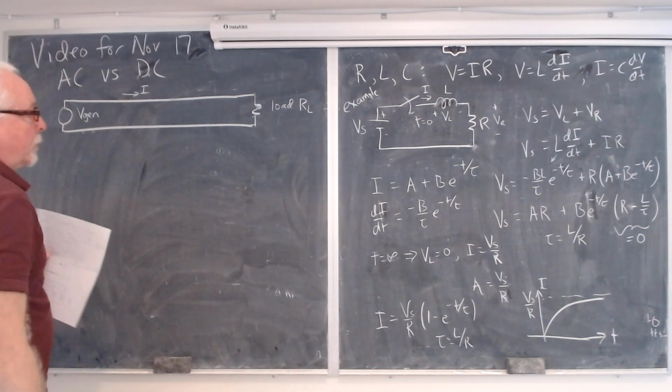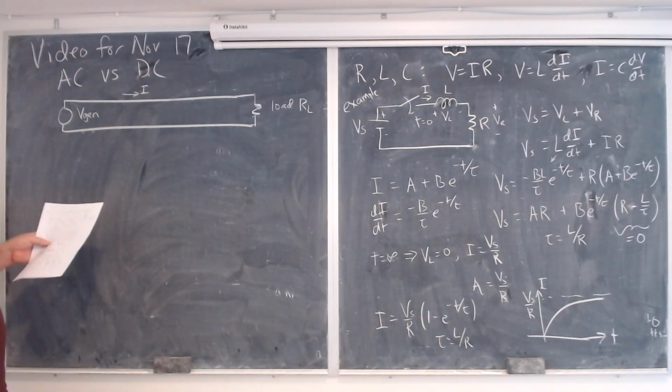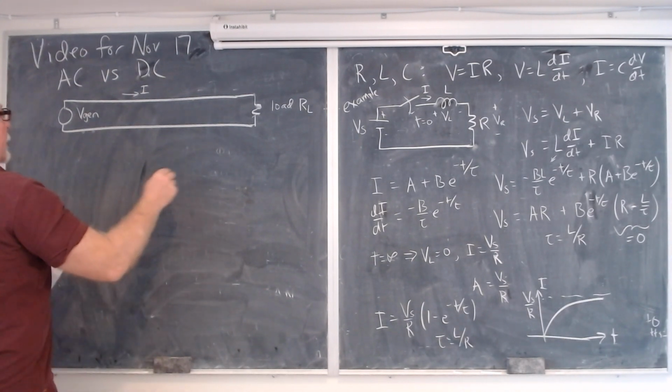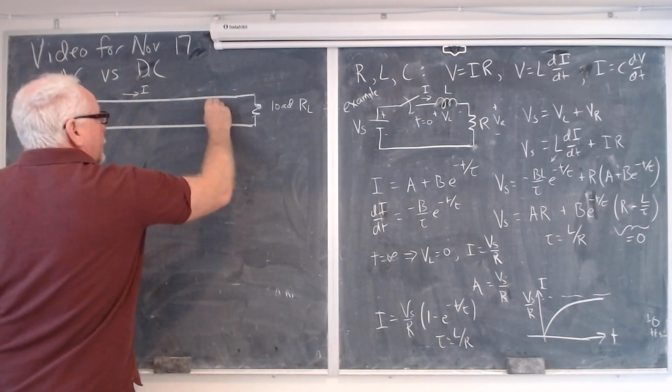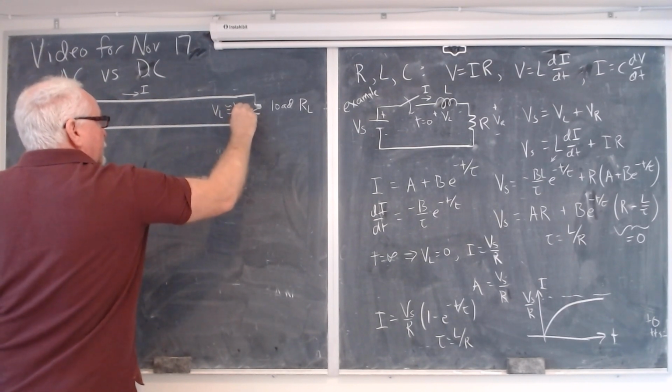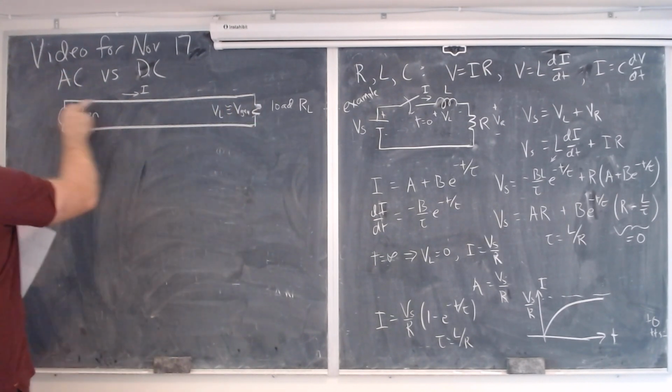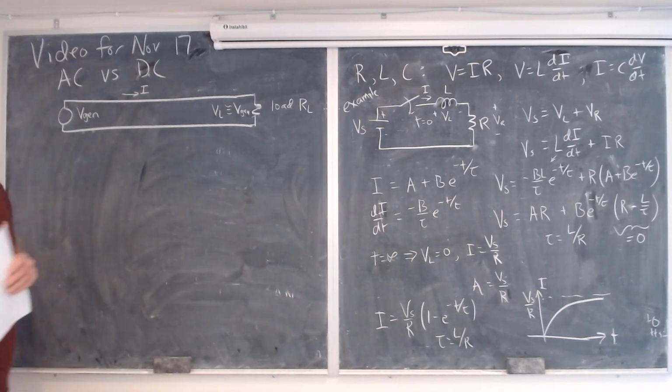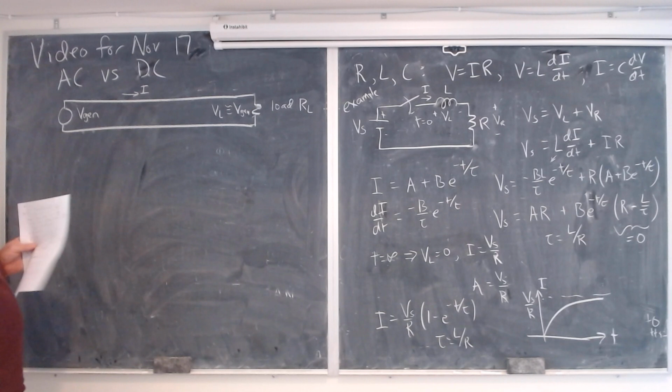Now, in order to analyze this problem, you approximate that the voltage across the load is approximately equal to V generator, meaning the voltage drop across this wire is small.